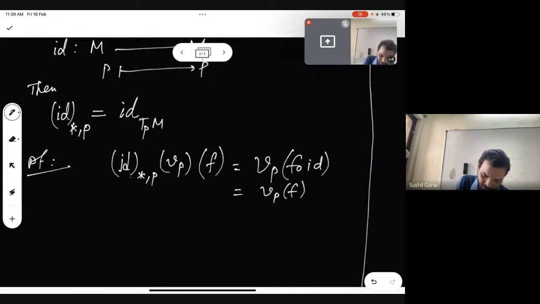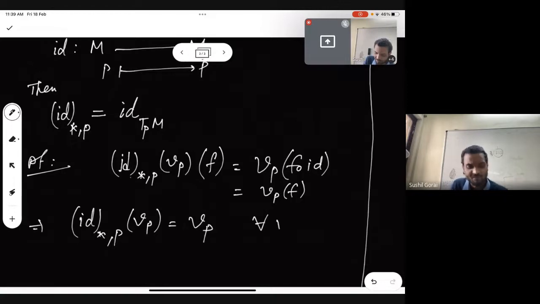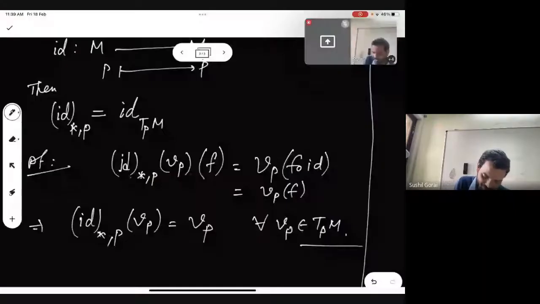So the map identity star P of VP is VP, for all VP in TPM, right? So this is an isomorphism, the identity isomorphism. Is this clear? Yes, sir. All right.